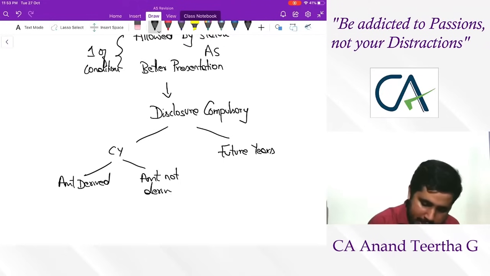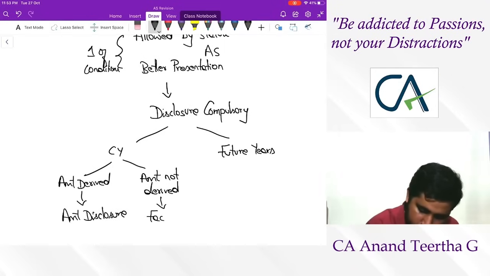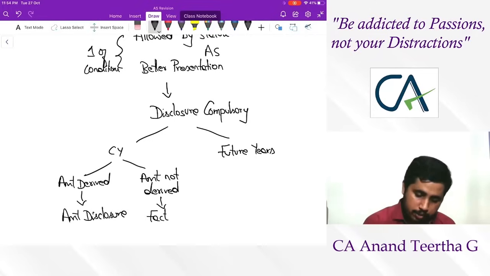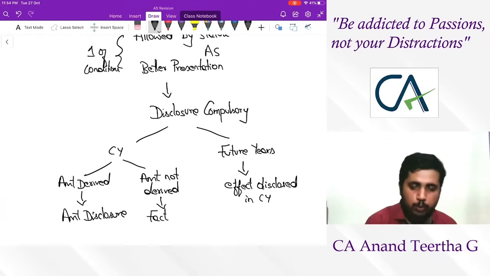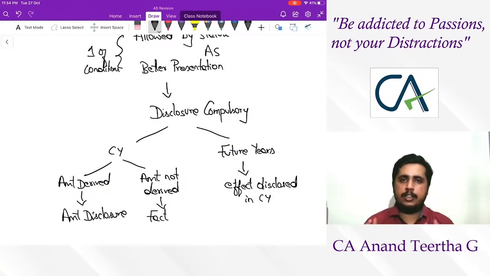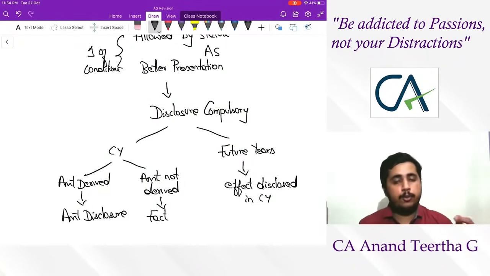If the amount is derived, then consider it as amount disclosure. If amount is not derived, consider it as fact. Fact is supposed to be disclosed. For the future years, the effect should be disclosed in current year. How it will affect future years will be disclosed in the current year. So this is how accounting policy effect comes into the picture. So allowed only if these conditions are satisfied. Later, the disclosure requirements when it comes to this.